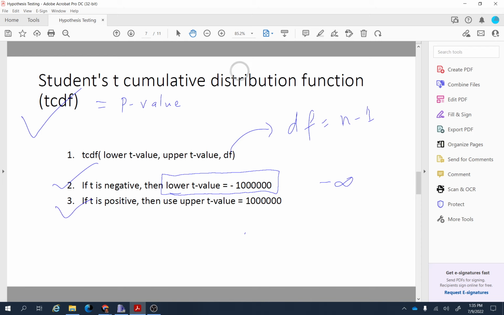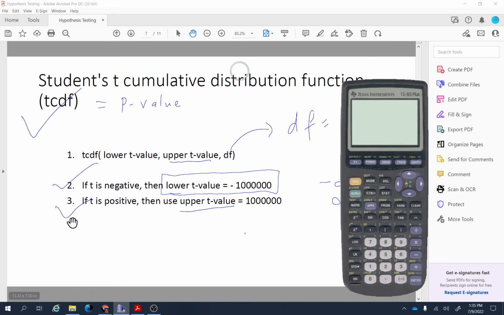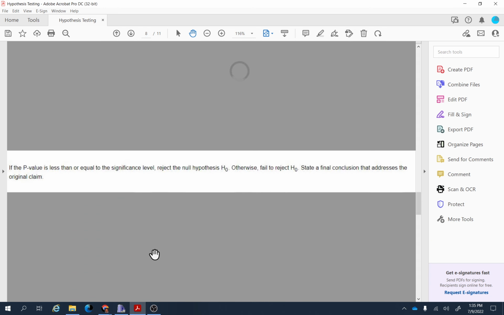Similarly, in case of t positive, for the upper t-value position, we use a very huge number, since we don't have infinity available, so I'm going to use 1 million. So by using this function in this calculator, we can calculate the p-value.